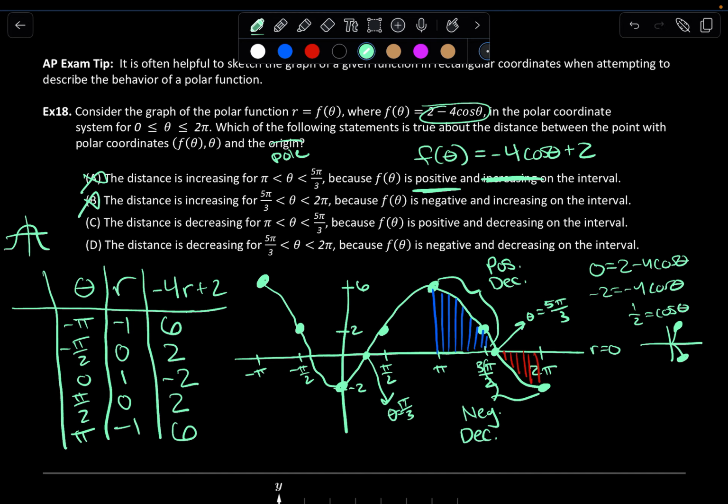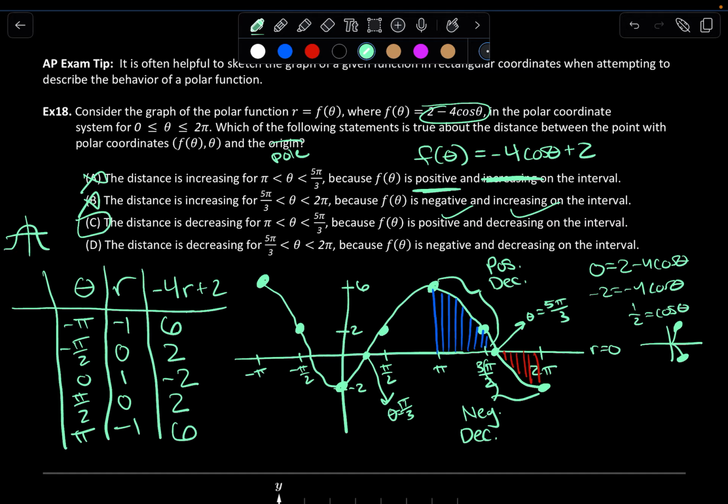Part C says, because f of theta is positive from pi to 5 pi over 3, this is true, and it's decreasing, which is also true. All right, so I'm going to say C, but let's check out what D says just to be safe. From 5 pi over 3 to 2 pi, so that'll be the red, f is negative and decreasing.